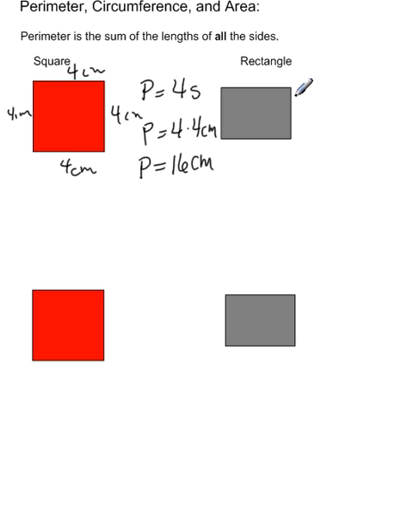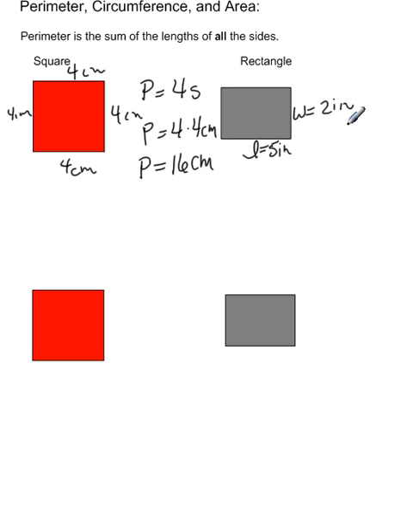Okay, all right, so let's talk about our rectangle. Our rectangle has two different lengths. It has a length and it has a width. This is the length and this is the width. We're going to call the length of this one 5 inches, and we're going to call the width 2 inches.